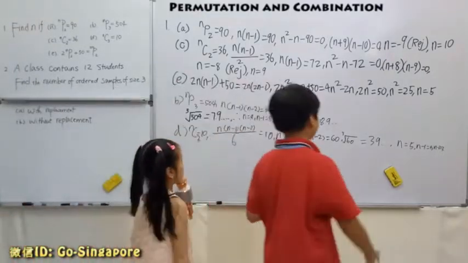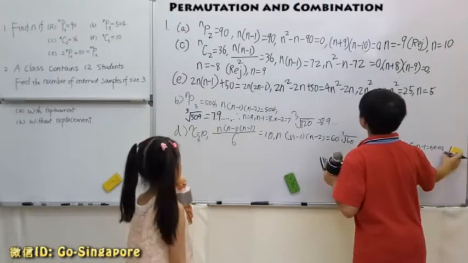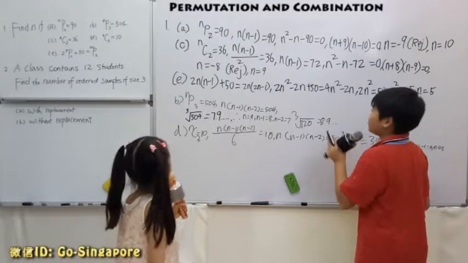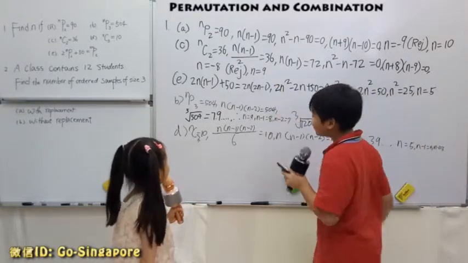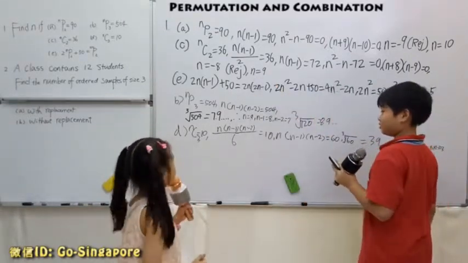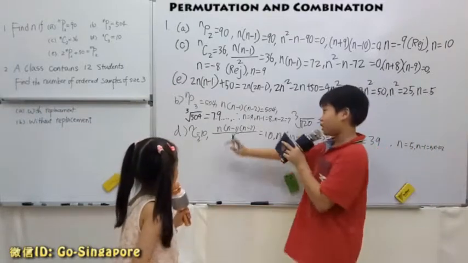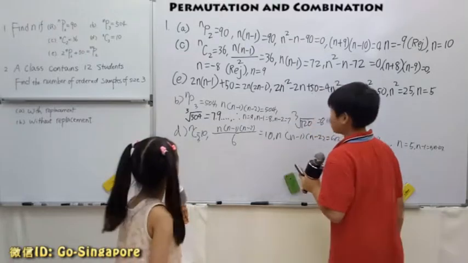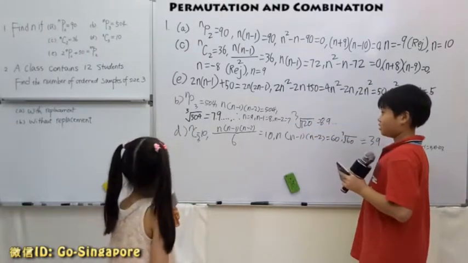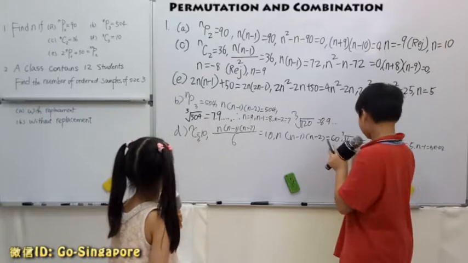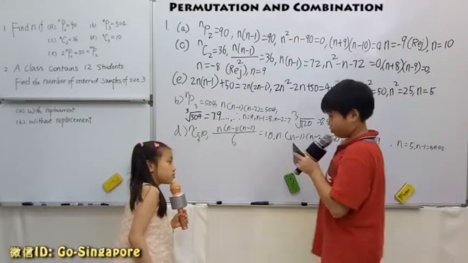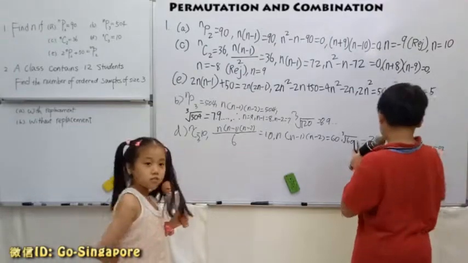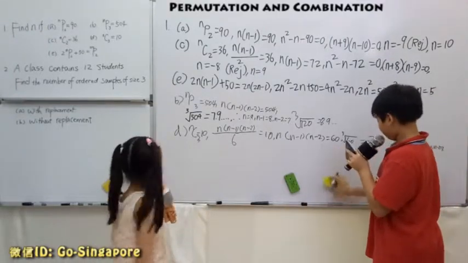A is 10, B is 9, C is 9, D is 5, and E is also 5. Okay, so can we erase all of these?